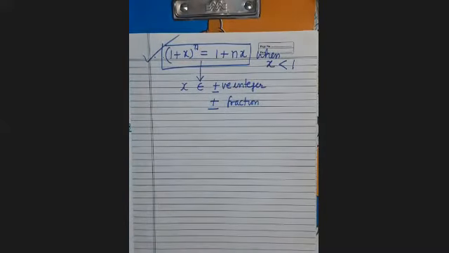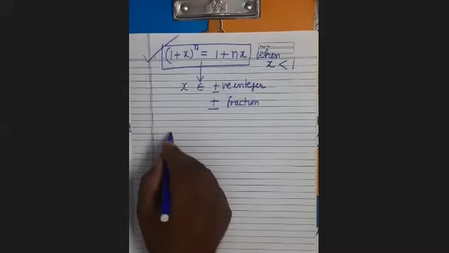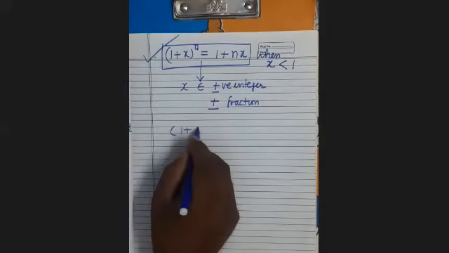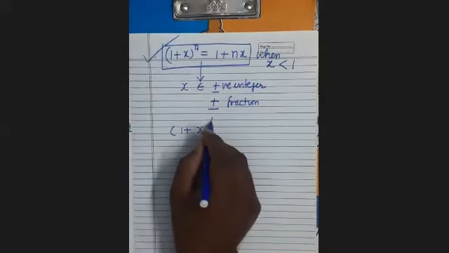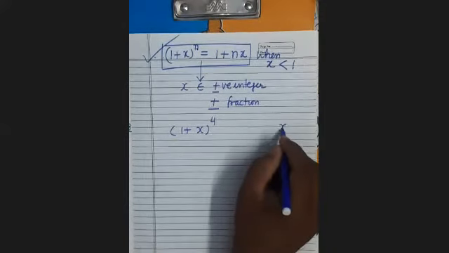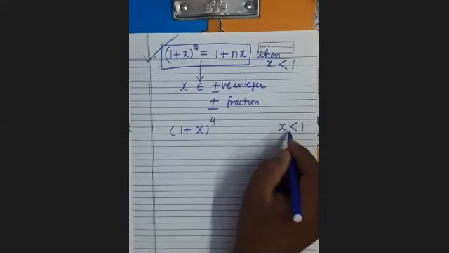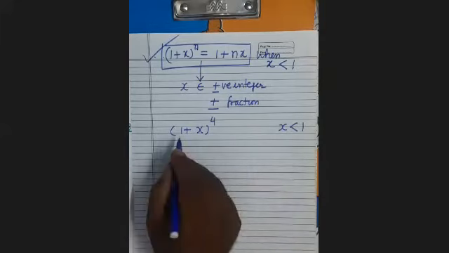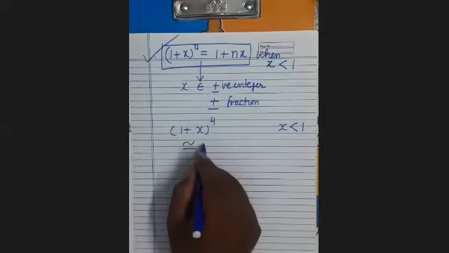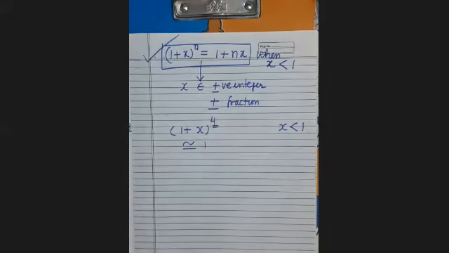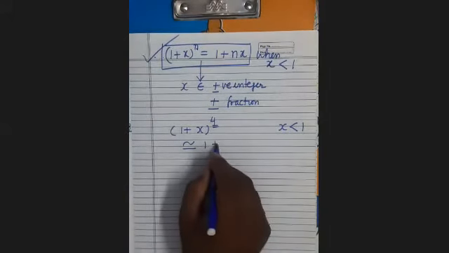For example, I am telling you one. Suppose (1 + x)^4, and here it is given that x is smaller than 1. So approximately its value will be equal to what? 1 + nx. What is n here? n is 4.